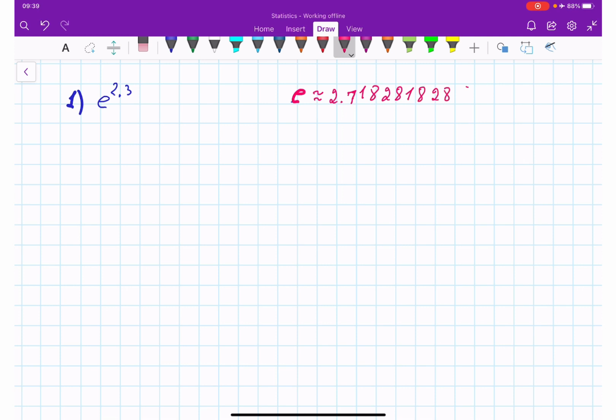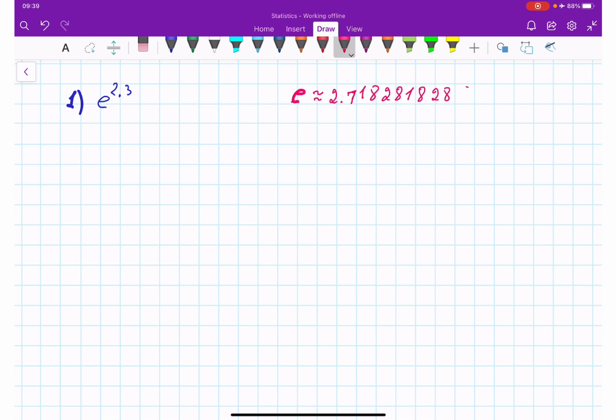Okay, all right. So everything that is related to e will be calculated approximately. So how are you going to find out how much is e to power 2.3?